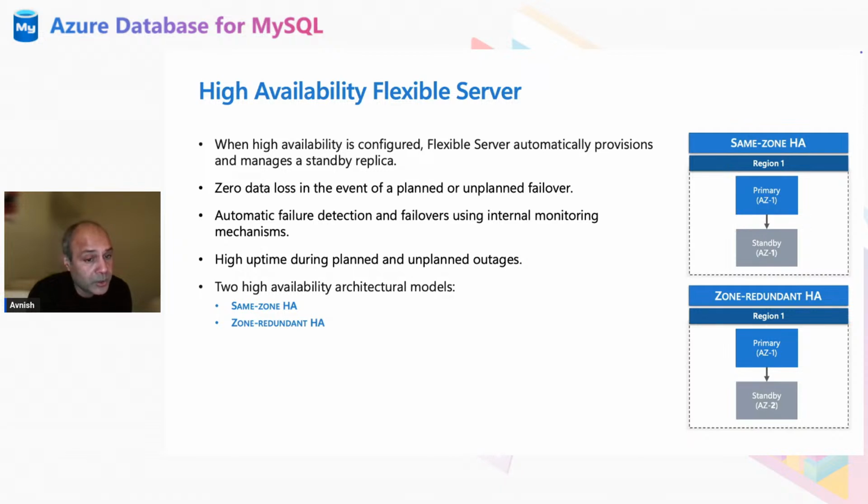We do automatic failover in case of any outage on the primary instance. The two options for high availability are same zone HA and zone redundant HA. Same zone HA doesn't provide you protection against a zone outage, but with zone redundant HA, if the zone goes down, we will automatically fail over to your redundant or secondary instance. Next slide, Neil.